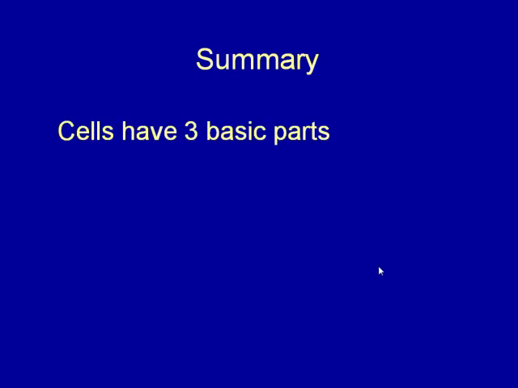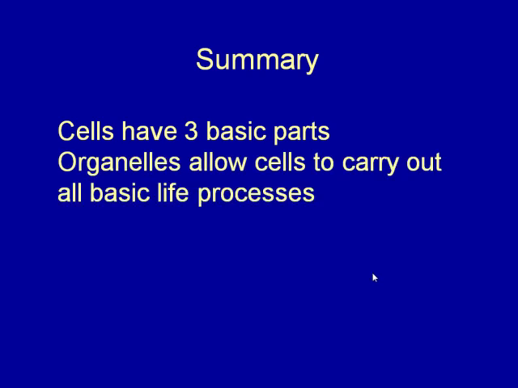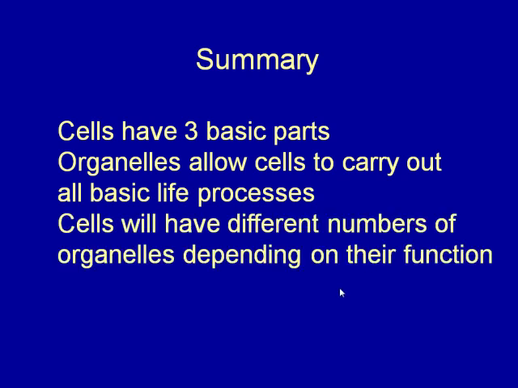In summary, cells have 3 basic parts: nucleus, cytoplasm, cell membrane. They have numerous organelles that allow cells to carry out all the basic life processes: digestion, making energy, metabolism, all kinds of processes that they have to do.